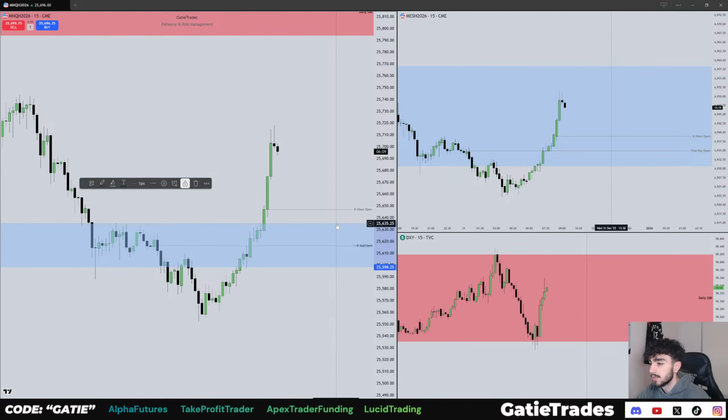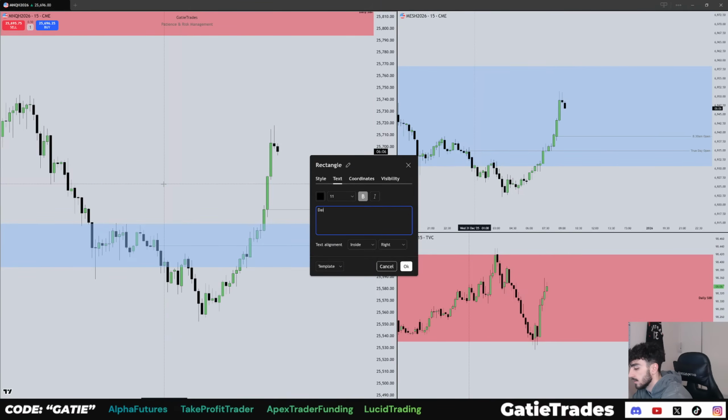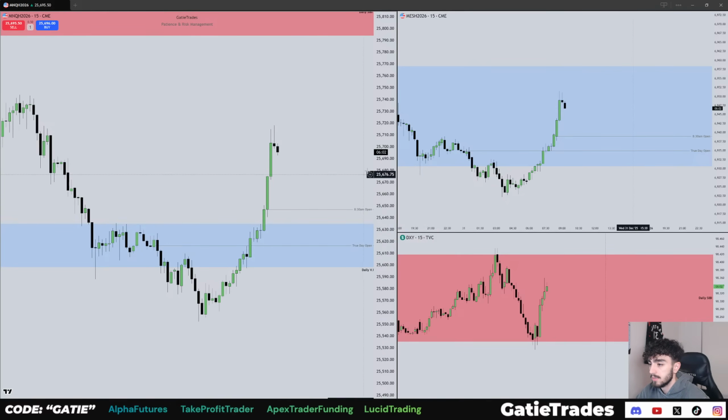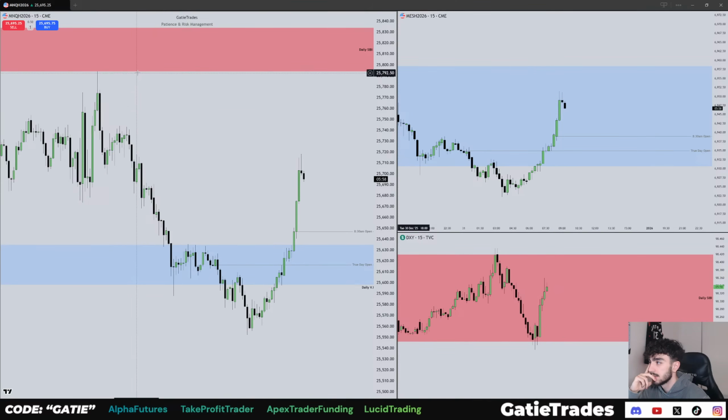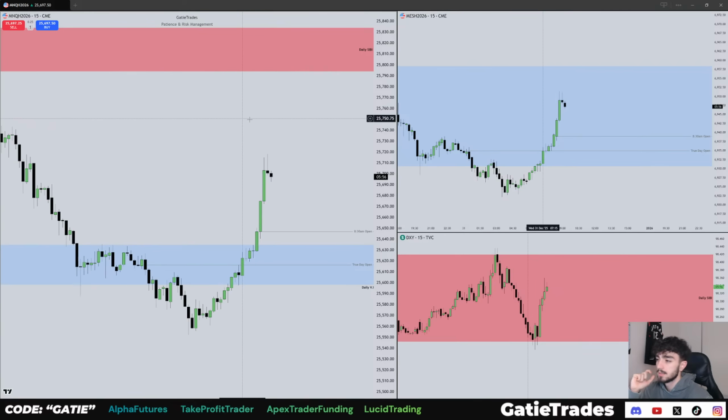You can clearly see we traded down into the daily volume imbalance, and then we started leaving that price range, and we could potentially target up here, which is that daily SIBI.